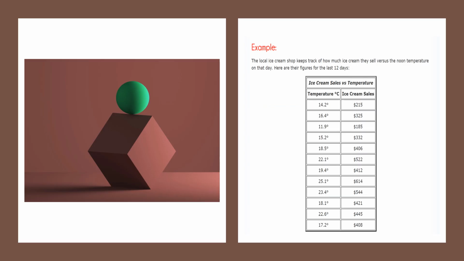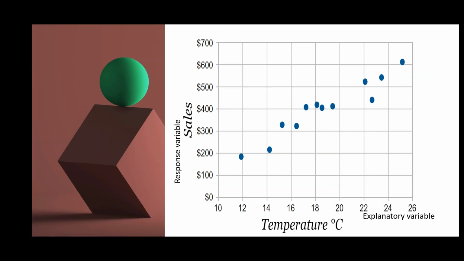Let's see this example. This talks about ice cream sales with the noon temperature. If this is taken as the independent variable, and this is your dependent variable, the response variable, then we can plot these data in a graph like this.